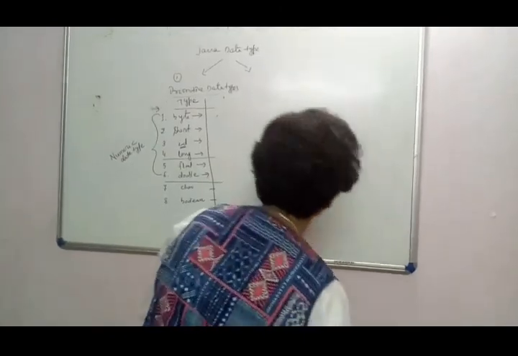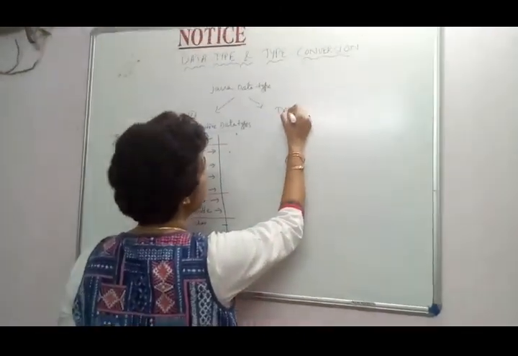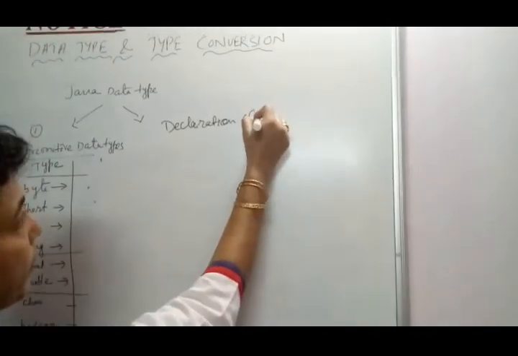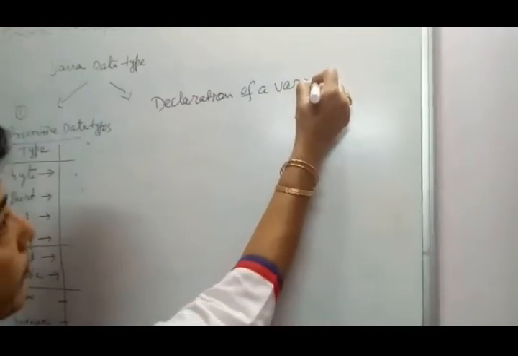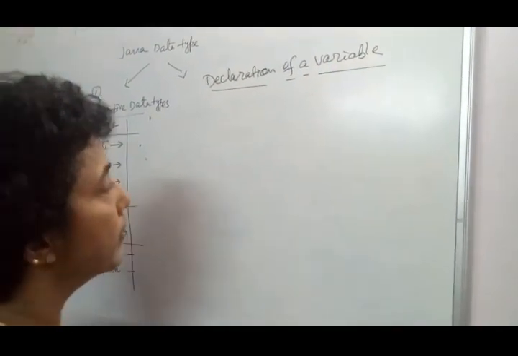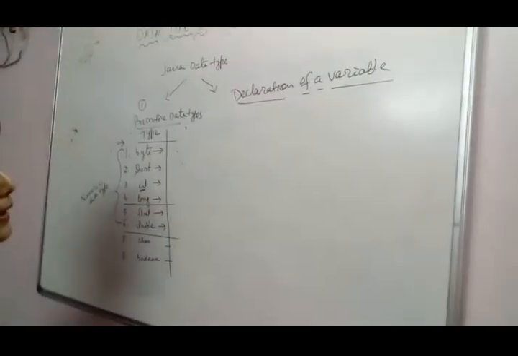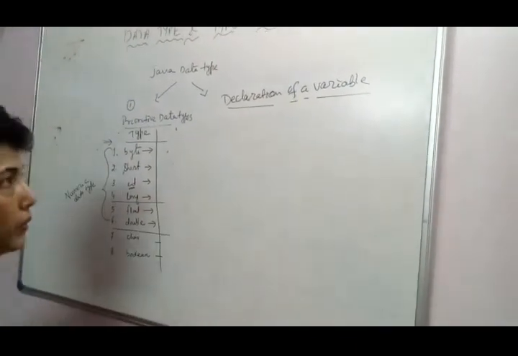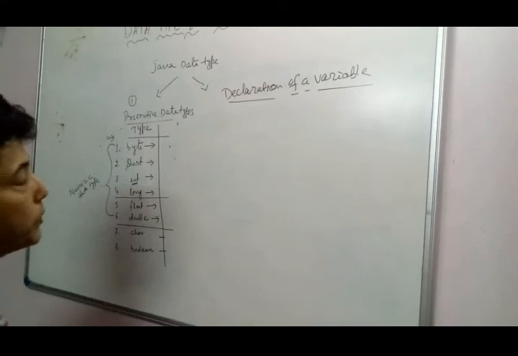Now, the declaration of a variable is important because while writing Java programs we need to declare every variable before it is used.